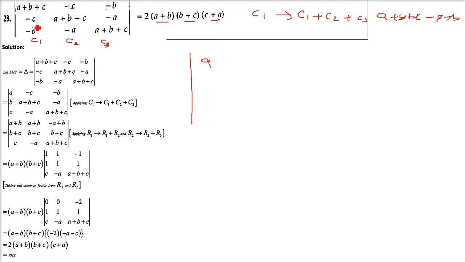Now, the second element of column 1 will be minus c plus a plus b plus c minus a. What do you get? You get only b. Now, the third: c1 plus c2 plus c3, minus b, minus a, plus b plus c. Let me do it. Minus a, minus b, plus b plus c minus a, the b cancelled, only c will remain.